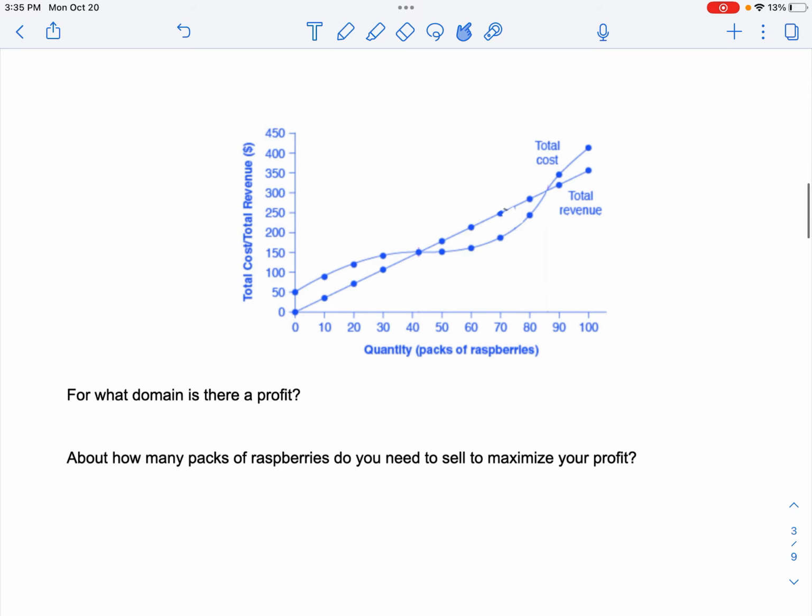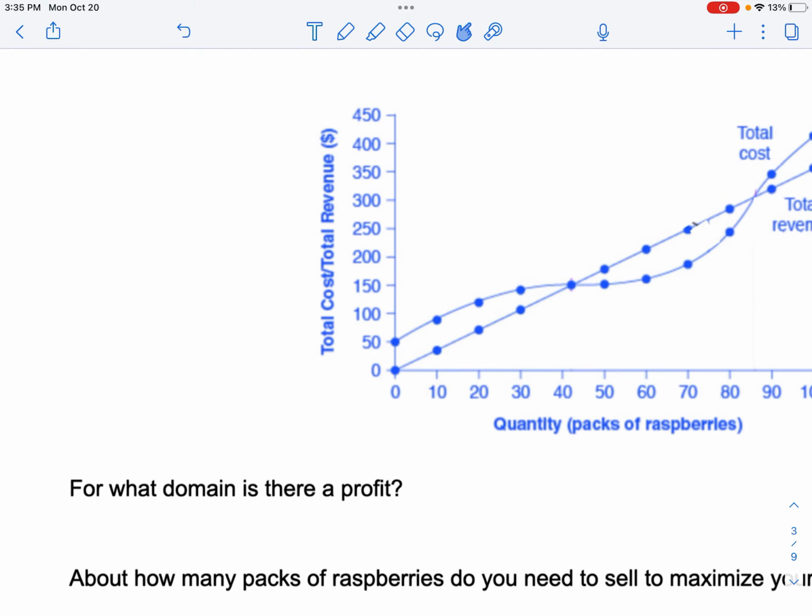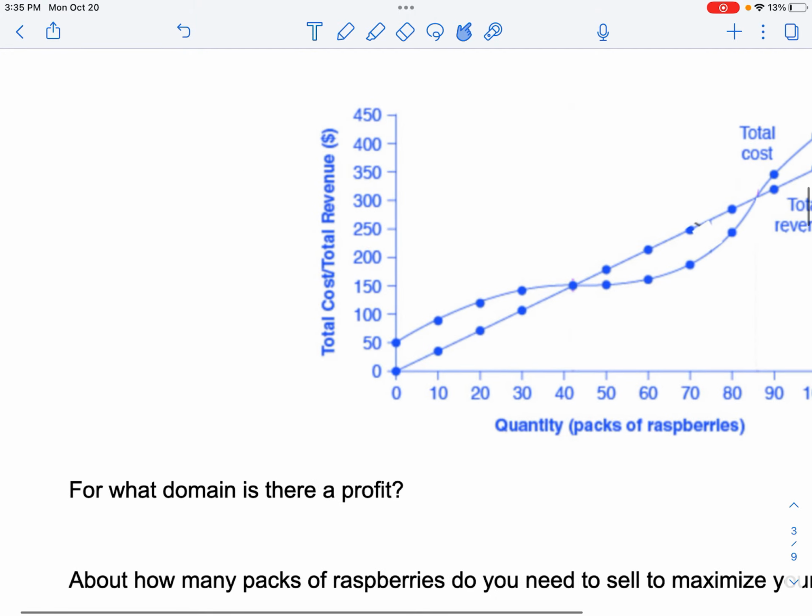Okay. Take a look at this picture. On the x-axis, you'll see these are quantities of raspberries in packs. And then on the left side here on the y-axis, you'll see that's total cost or total revenue in dollars.